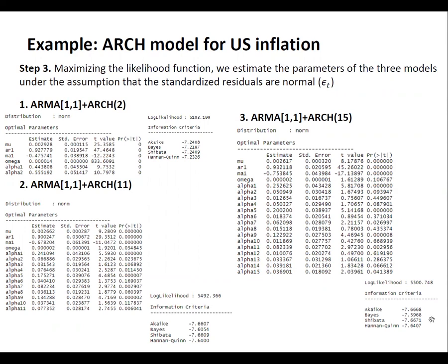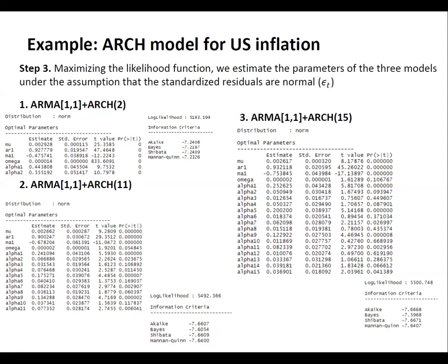By BIC, which is a more conservative criterion, ARCH(11) is preferred. According to the rest of the criteria, ARCH(15) is preferred. But when you have such slight differences in these information criteria, of course, it is better to look at the autocorrelation of the residuals and the autocorrelation of the residuals squared.